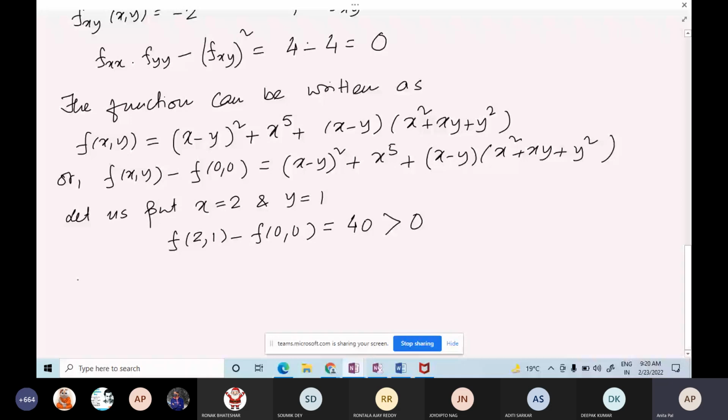Now let us put x equal to 1 and y equal to 2. Then we'll have f(1, 2) minus f(0, 0).